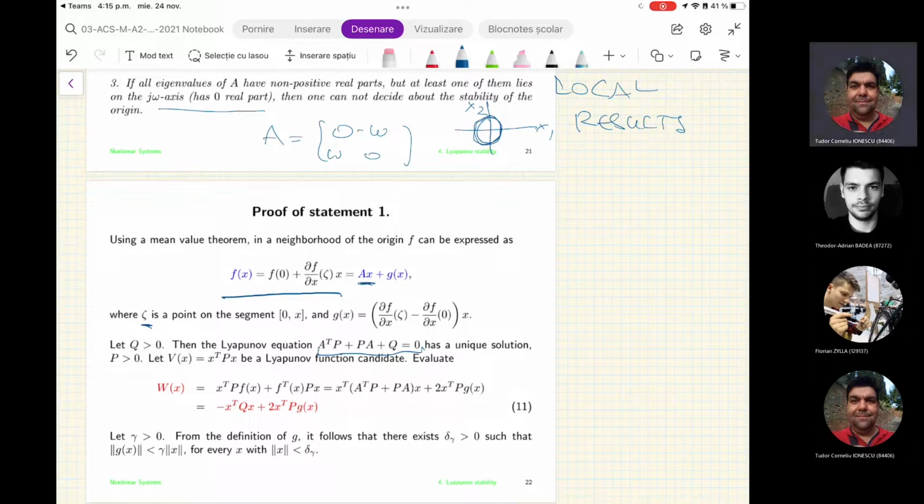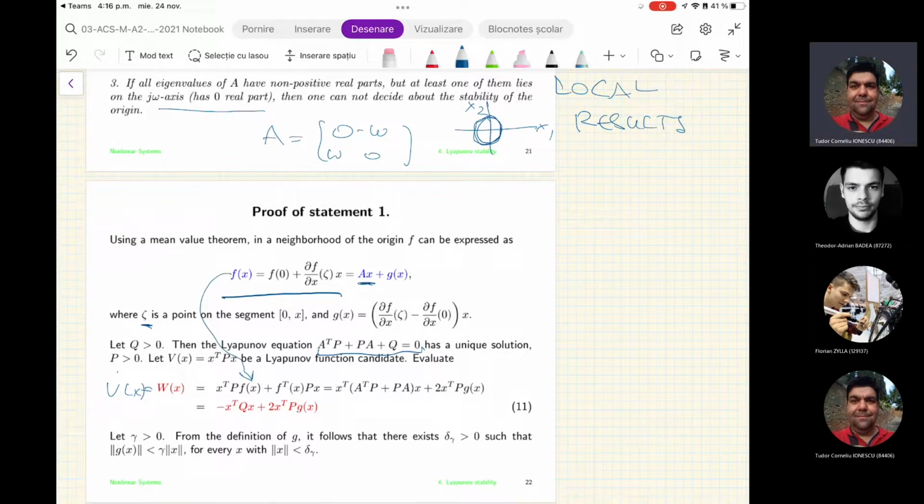Now, you take this Lyapunov function and you evaluate V dot. V dot x is W x, and then you just substitute the derivative. x transpose P x dot plus x dot transpose P x. And now you just substitute f x here.